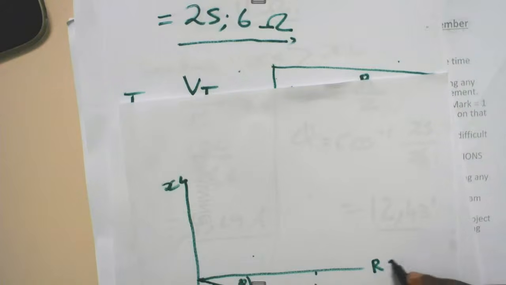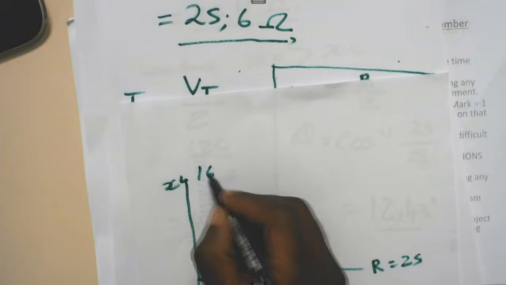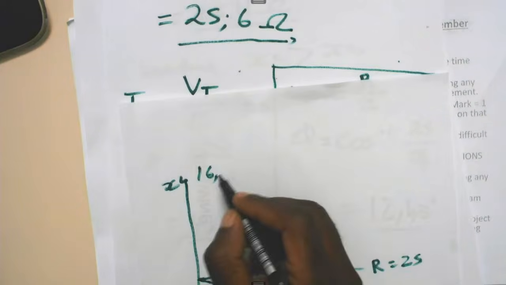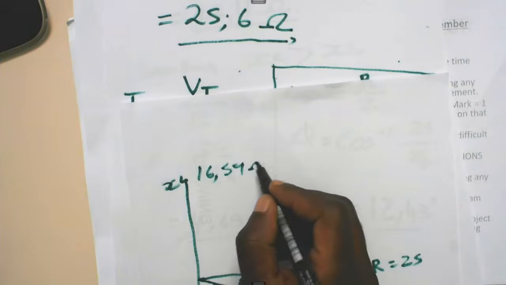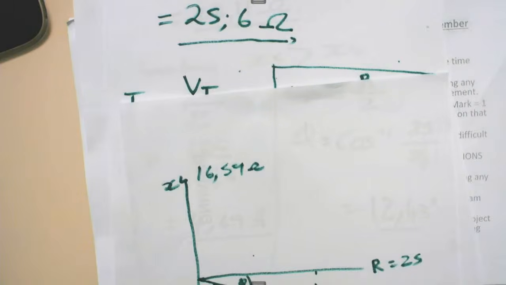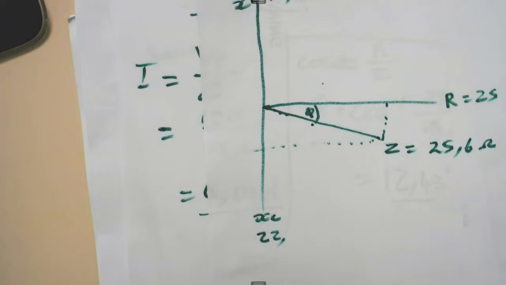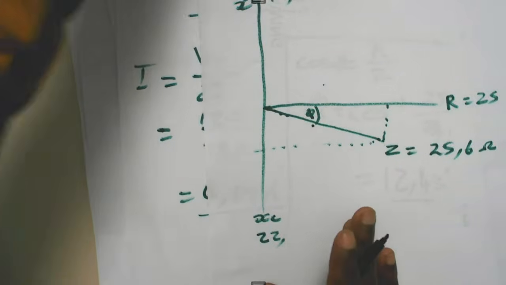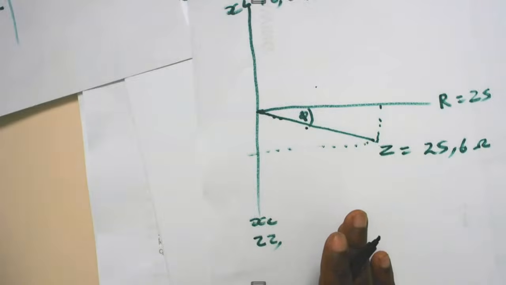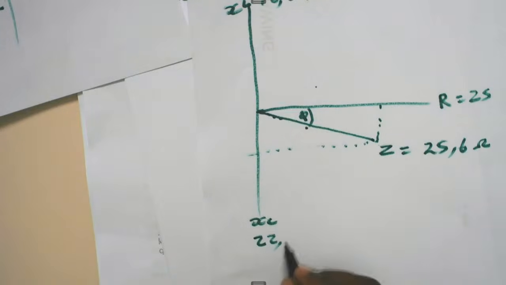Then R will be 25, XL will be 16.59 ohms. Then our XC will be 22.6.